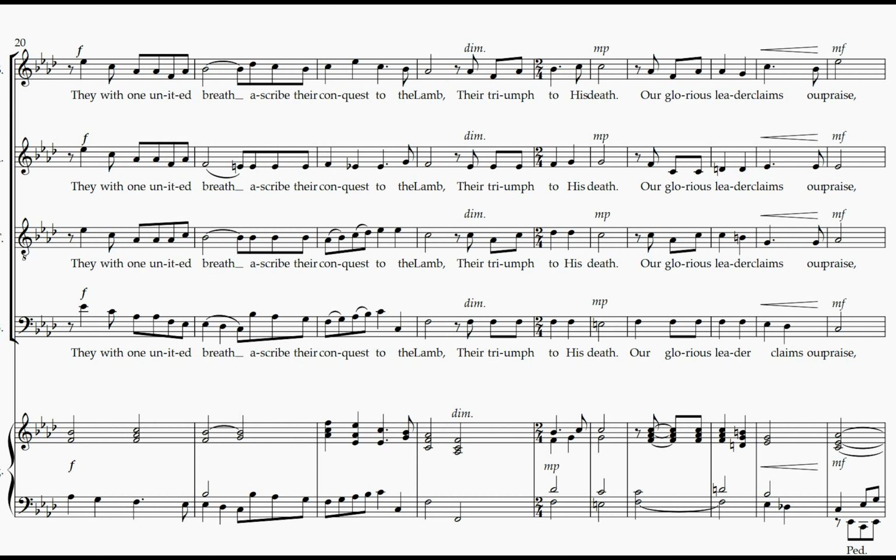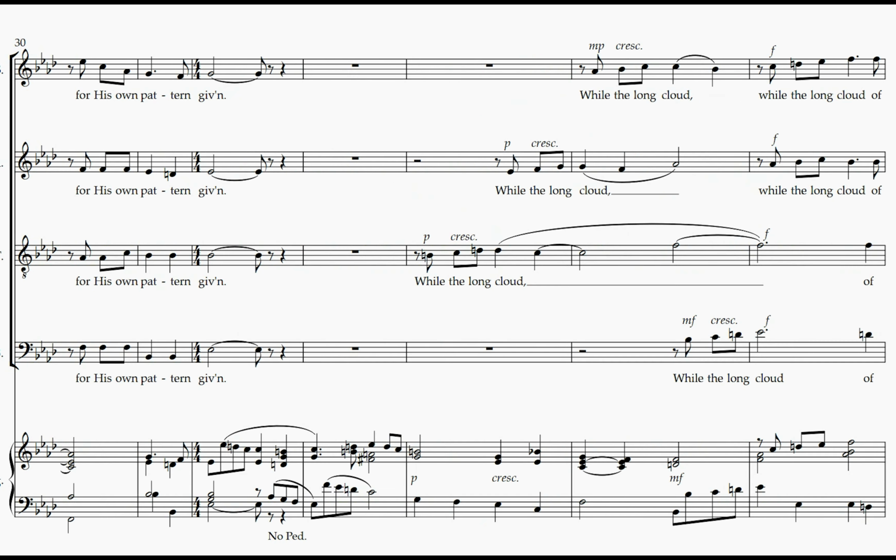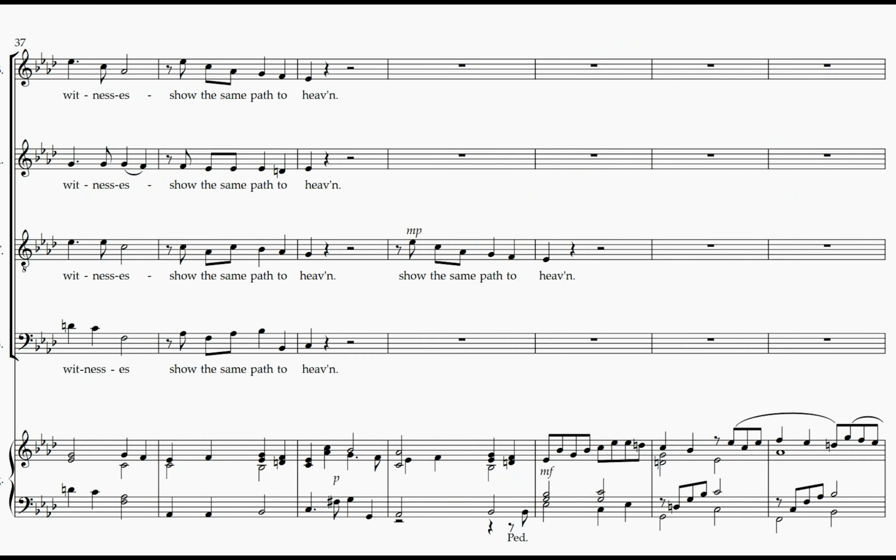Our glories be the claims of praise, for his love pattern given, while the long cloud of witnesses show the same path to heaven.